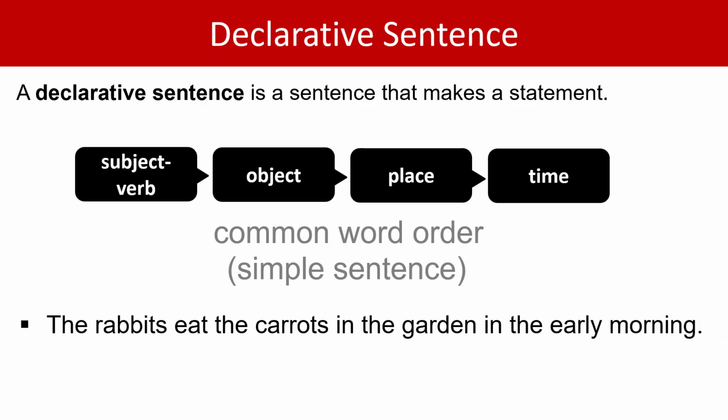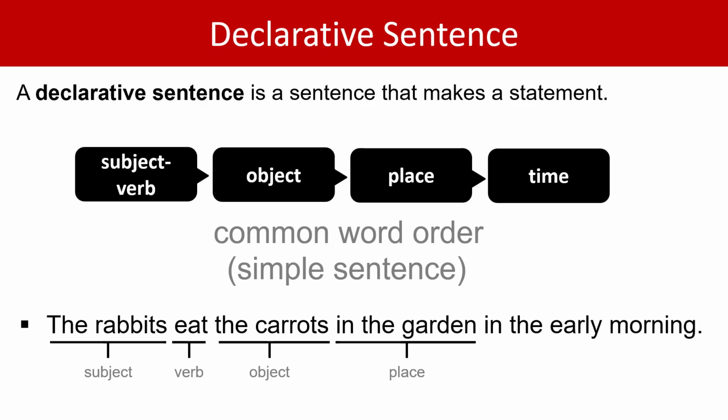Let's start with the subject-verb pairing. Well, the rabbits is the subject, eat is the verb. Notice the order, subject, then verb. And then we have the object. The object is the carrots. Then the place, in the garden, and then the time, in the early morning.